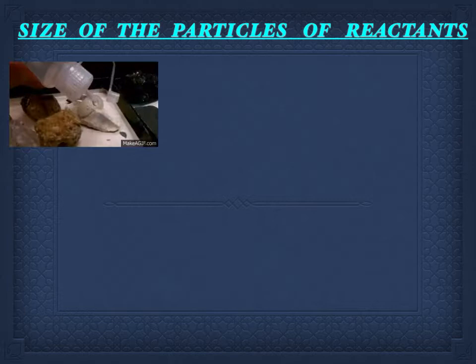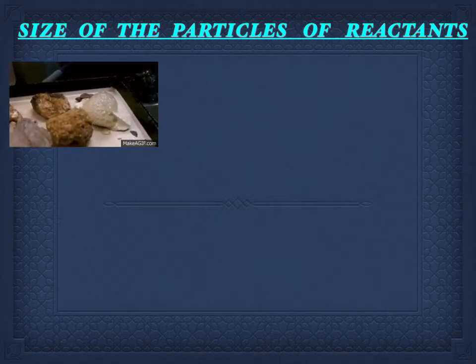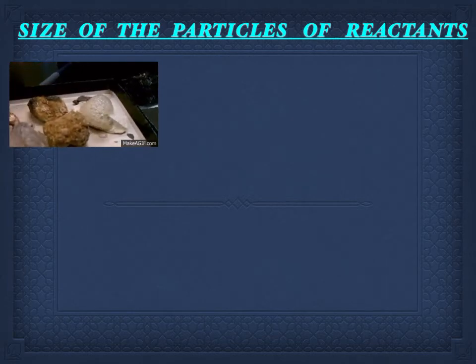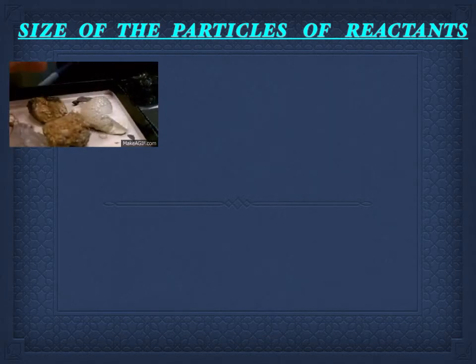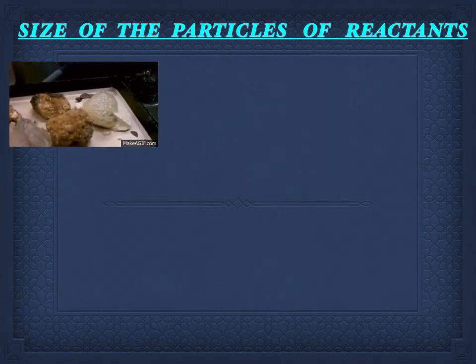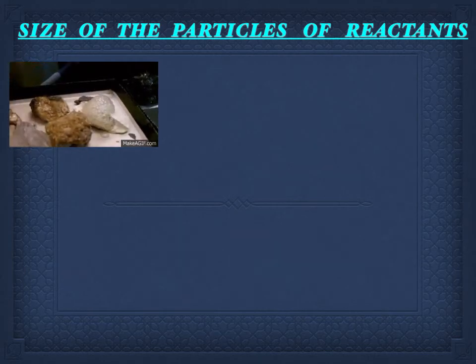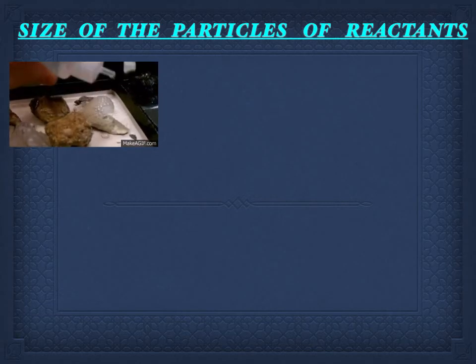Take pieces and powder of shahbad tile in equal weights. Add 10 ml of dilute hydrochloric acid in each of the test tubes. We observe that effervescence of carbon dioxide is formed at a faster or a slower speed.